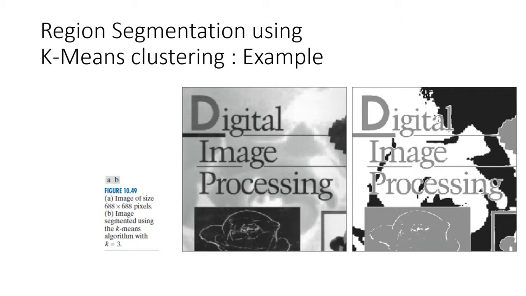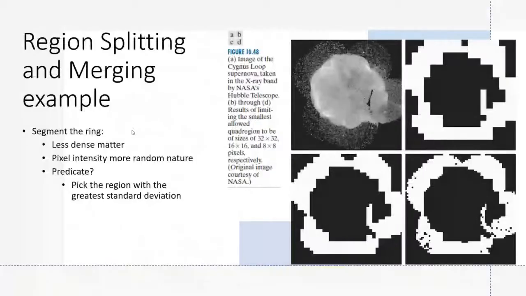For instance, I want to segment the regions that are red, the regions that are gray, and the regions that are yellow. How many clusters do you need? 3 clusters, right? You don't know how to segment this image, and the algorithm is going to find the best segmentation for it, but you know what you want to segment on. If you're looking at a very texturized image, such as the Cygnus Loop image that we saw in the first part, this one.